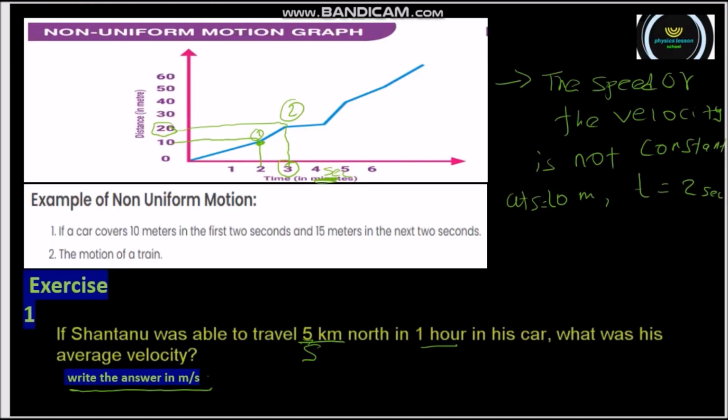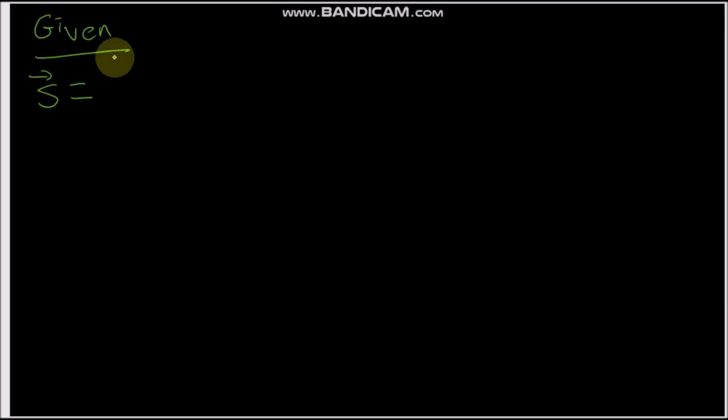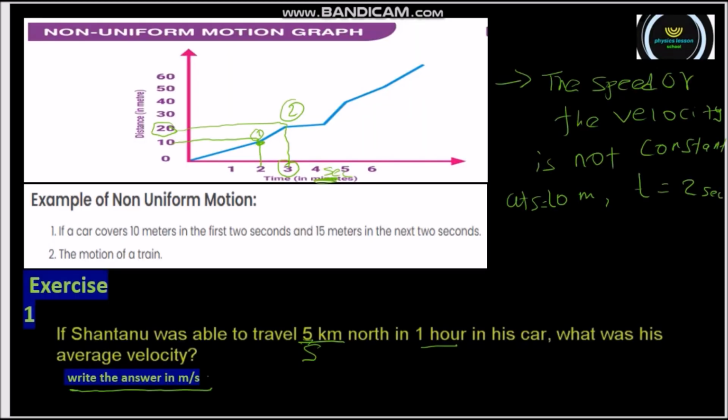When you get a problem, the first thing is to write the given things. The displacement is equal to how much? It's 5 kilometers towards north, and the time is 1 hour.